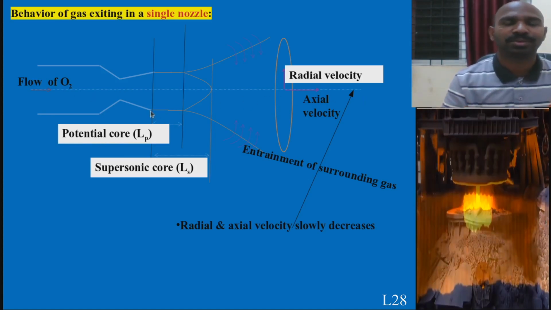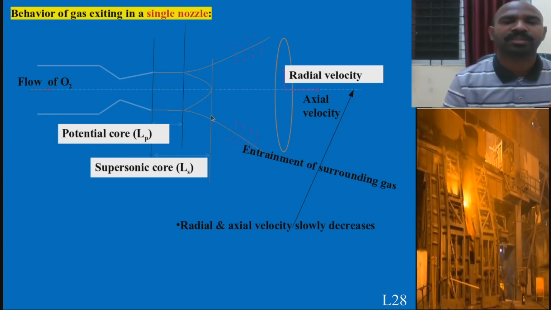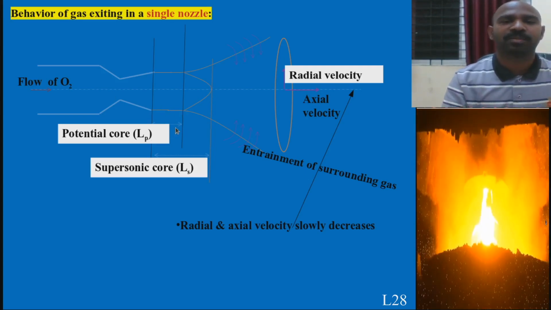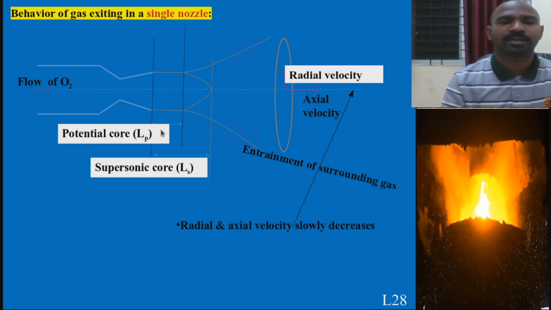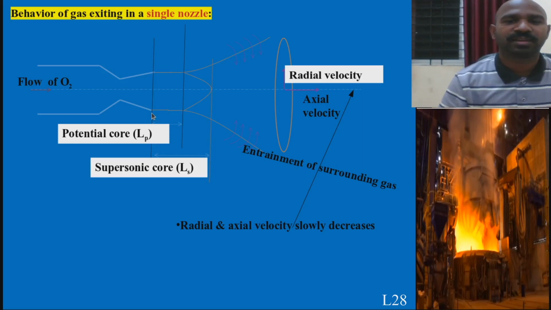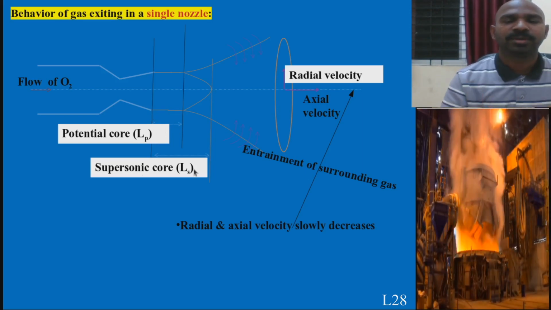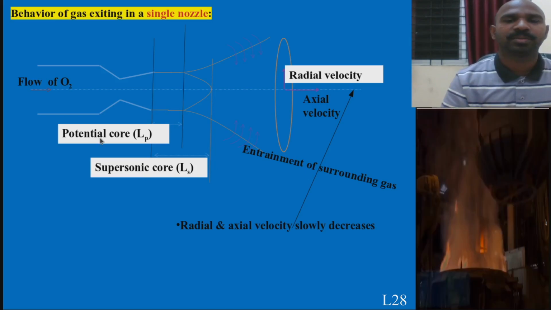From the tip to the surface of the molten steel, it is divided. The first part is called the potential core of the oxygen lance, and from the lance tip to the next stage is called the supersonic core, supersonic velocity, potential velocity.